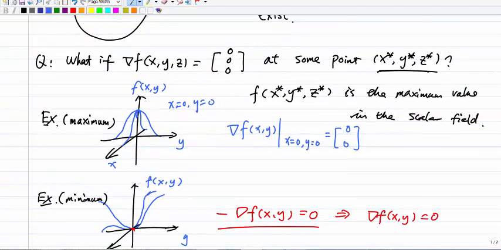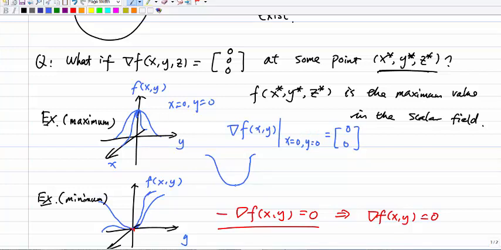The second case is the minimum point. Why does the minimum point also have a gradient of 0? Let's say, as another example, you have a minimum point at (0, 0) of f(x, y). What's the direction you move that gives you the maximum increase?